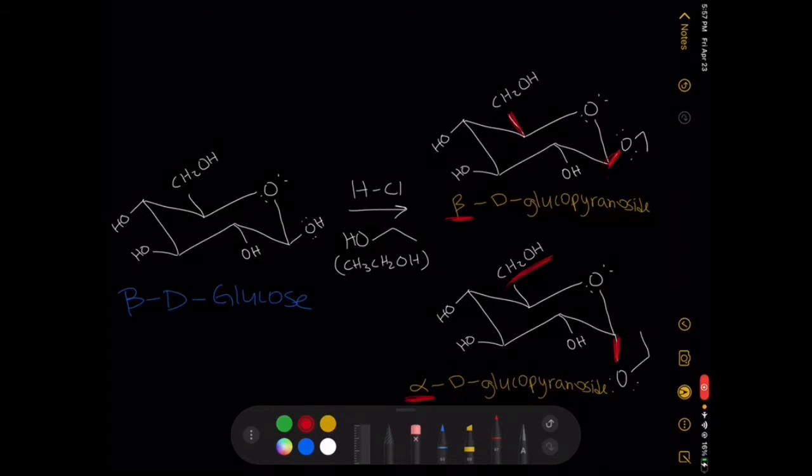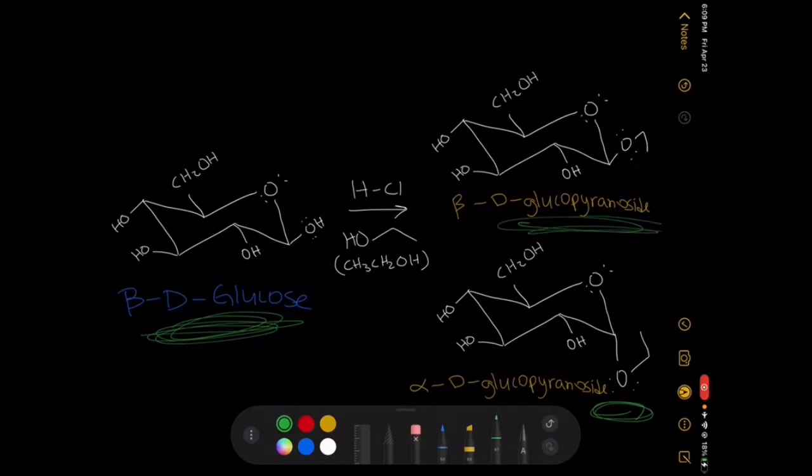Depending on the position of this group, it's gonna determine if it's either beta or alpha. So just keep that in mind whenever you're doing these structures. Just remember that the whole purpose of this reaction is to go from the sugar to an acetal right here. So just keep that in mind as well.